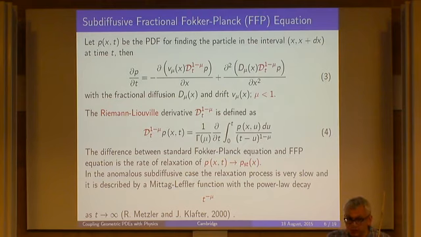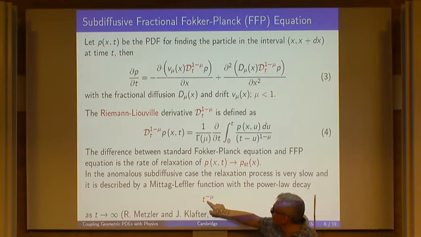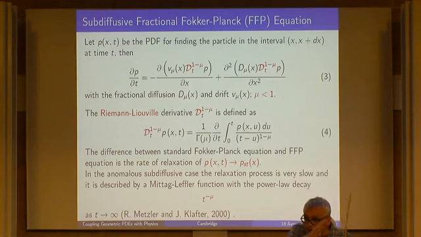So the rate: the Fokker-Planck equation usually gives us exponential decay, an exponential rate of convergence. That's what we teach our undergraduate students when we separate variables, for example. But if we take into account the anomalous effect, subdiffusion, then we have to use this operator, and the rate of convergence is actually a power law. You see this anomalous exponent. So not exponential, but very slow. That's what people believed so far: that the fractional Fokker-Planck equation gives you convergence, but very, very slow.